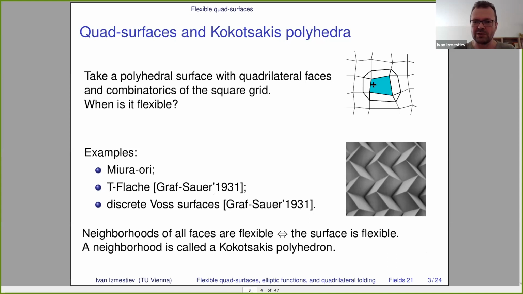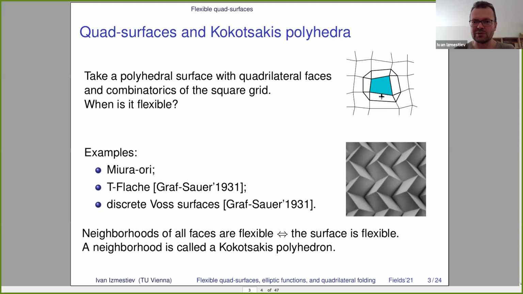If you look at just a small part of the surface, namely the neighborhood of one face, I take any of the quadrilaterals and its small neighborhood, then it is possible to show that if the neighborhoods of all faces are flexible, then the whole surface is also flexible.